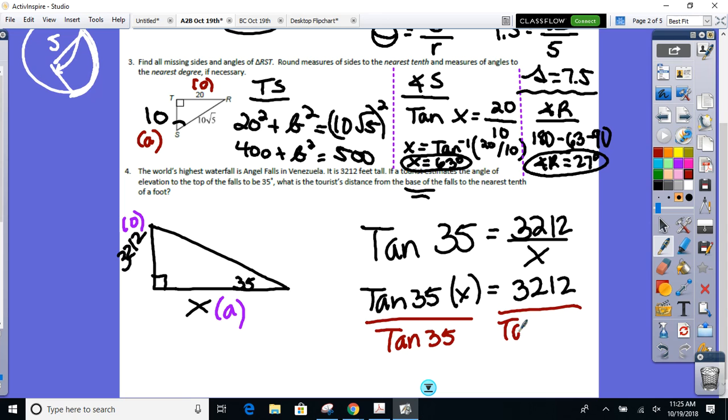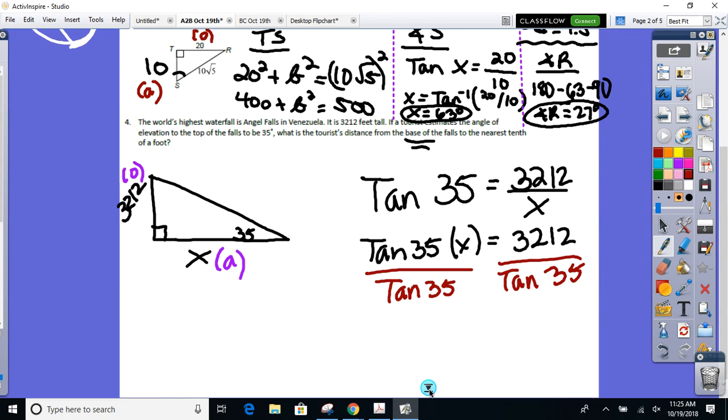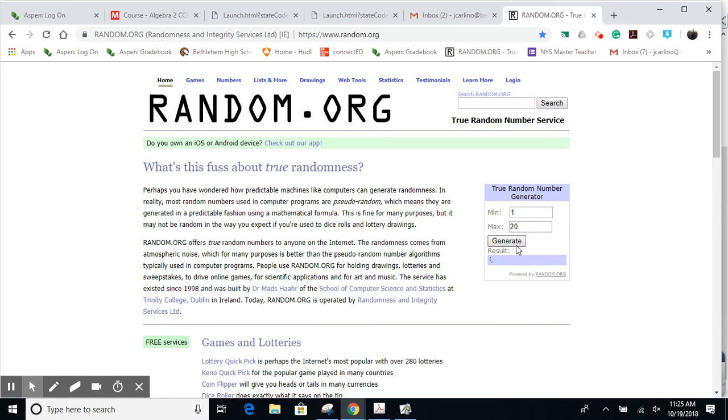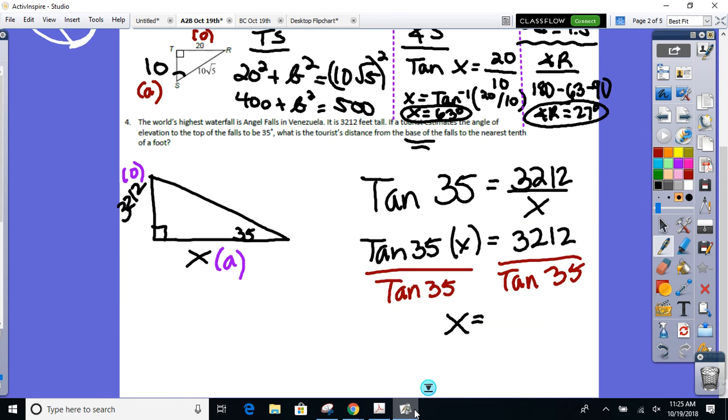If not, it's still doable. And nearest tenth. Nearest tenth when you're ready. 16 when you're ready. Nearest tenth. Like it.